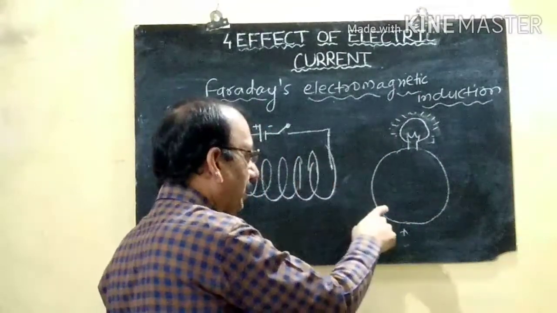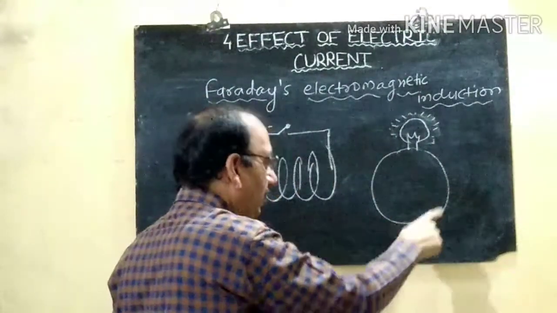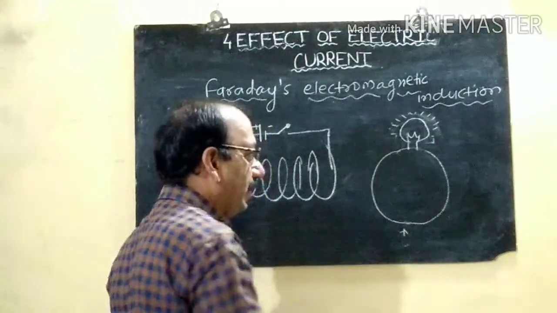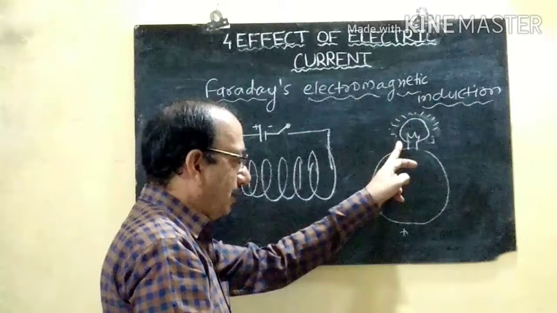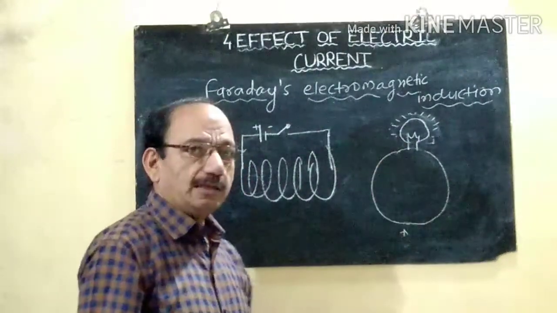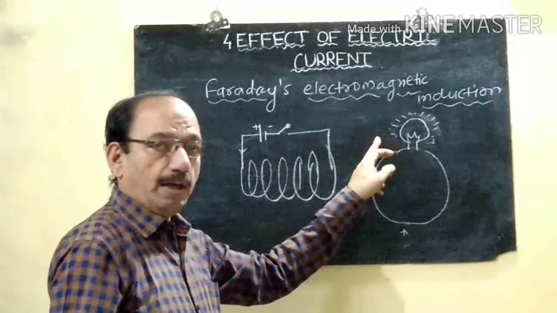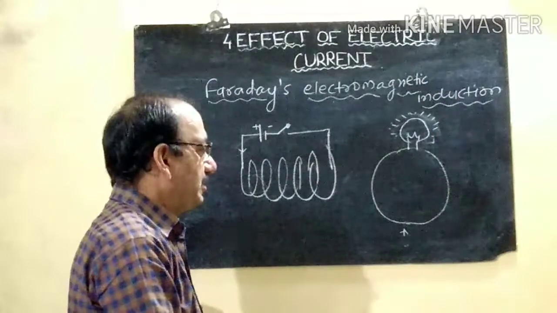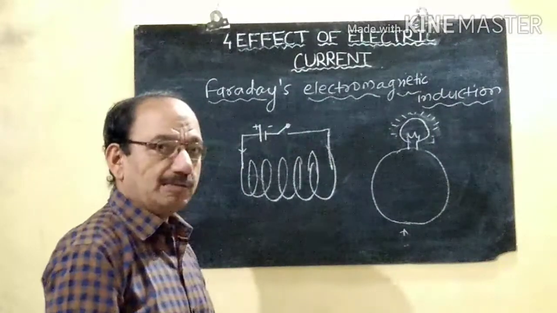When we open the tap key, current is also produced in this coil. We can indicate this with the help of this device fitted in the coil. We can also detect the current produced in this coil with the help of a galvanometer. I will just use the bulb here instead of a galvanometer to understand this concept.